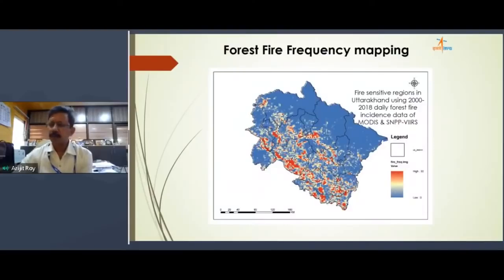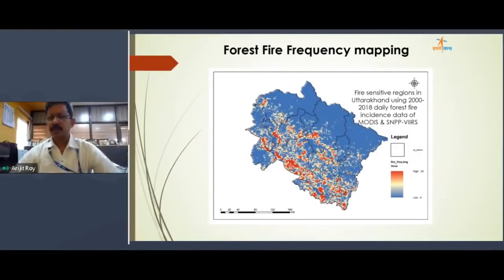But we are also interested in identifying the areas which are at risk. One of the very simple methods to identify the areas which are vulnerable to forest fire is identifying the frequency of forest fires in a particular region. So using a 2.5 kilometer grid, we took the daily fire data for the last 20 years and tried to see the frequency.